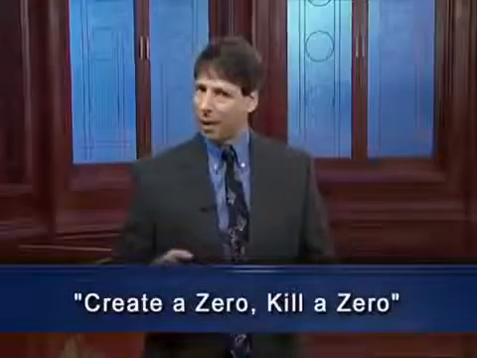The rule I call is create a 0, then kill the 0. Here, we add or subtract a multiple of 7 so that you get a number that ends in 0. Then you ignore the 0. And the original number will be a multiple of 7 if and only if the new number is a multiple of 7.